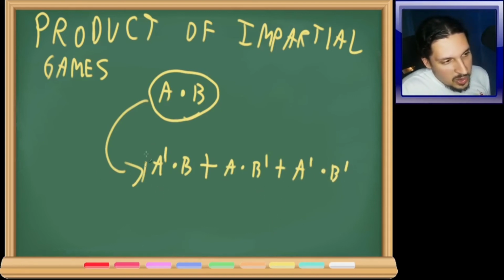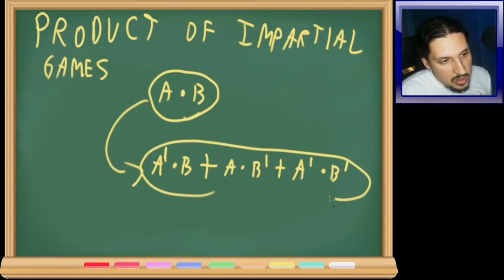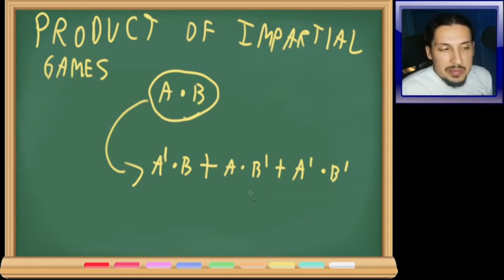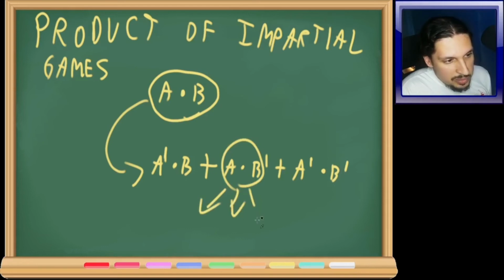And this is one example of an option, but like before, your options are all things of this form. Each option is a sum of 3 games for each choice of A prime and B prime, right? And of course, from this game, you could choose any of these 3 components and make a move there. And so this game would actually decompose into 3 when you make a move.